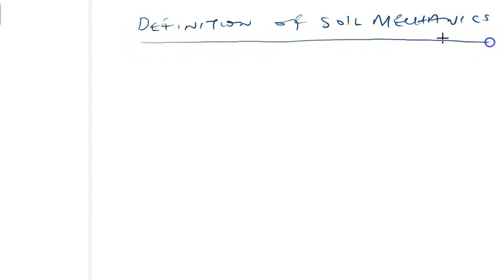According to Karl Terzaghi, the father of soil mechanics, he defined soil mechanics as the application of the laws of mechanics and hydraulics to engineering problems dealing with sediment and other unconsolidated accumulations of solid particles produced by the mechanical and chemical disintegration of rocks, regardless of whether or not they contain an admixture of organic constituents.